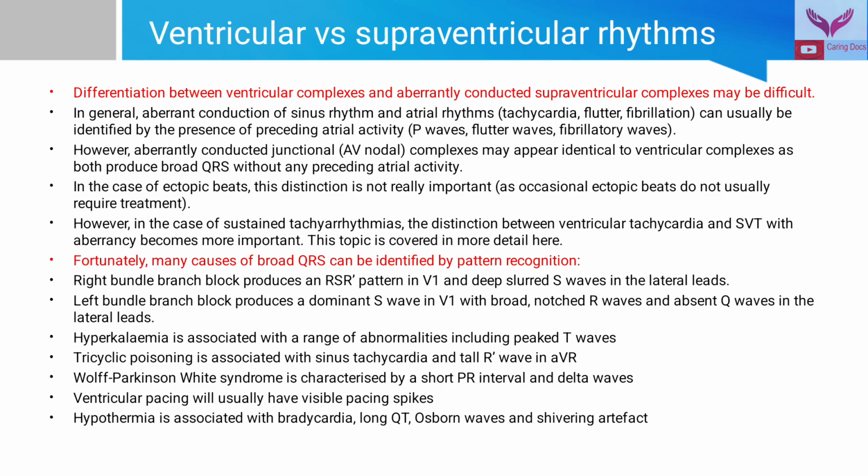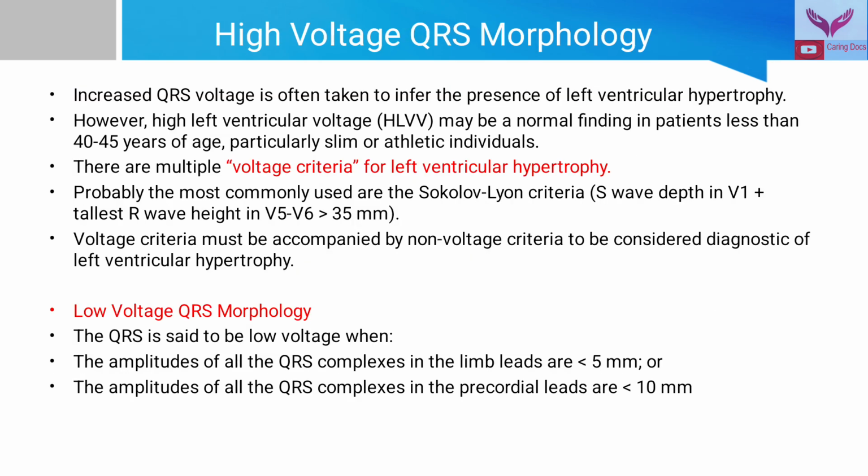Tricyclic poisoning is associated with sinus tachycardia and a tall R wave in aVR. Wolff-Parkinson-White syndrome is characterized by a short PR interval and delta waves. Ventricular pacing will usually have visible pacing spikes. Hypothermia is associated with bradycardia, long QT, Osborne waves, and shivering artifact.